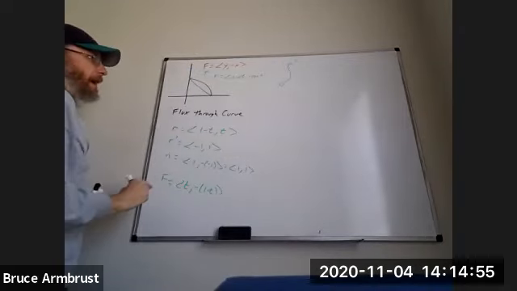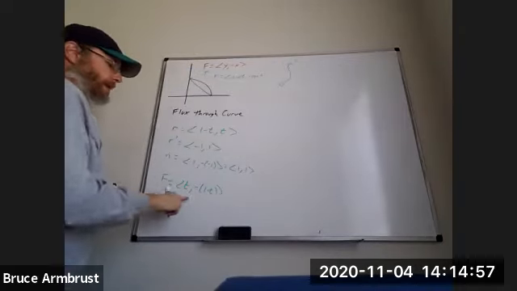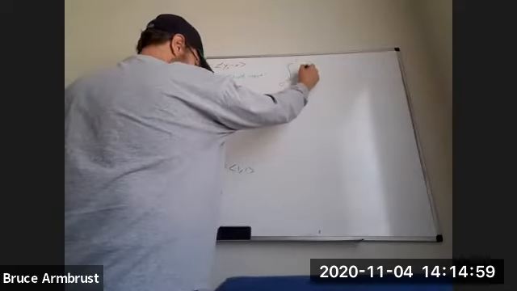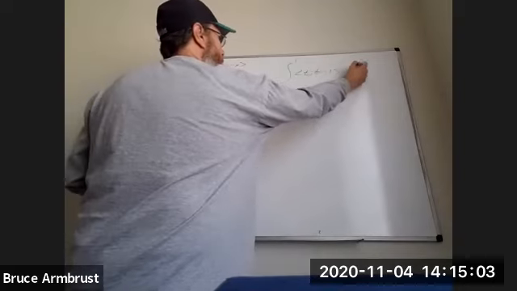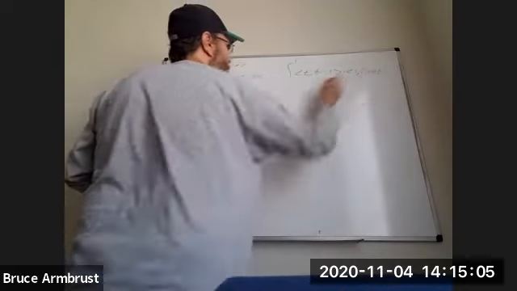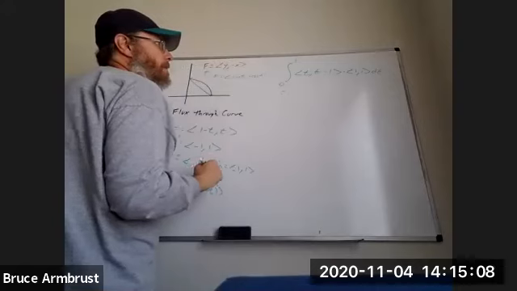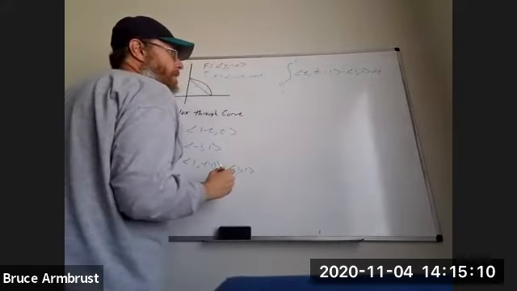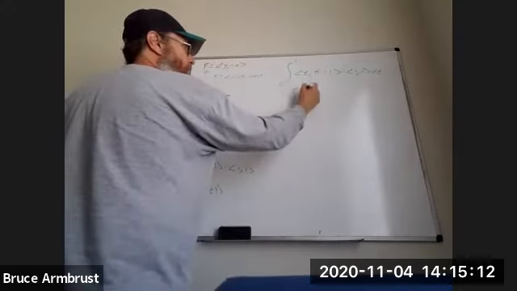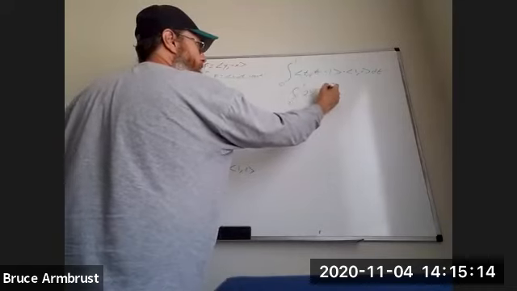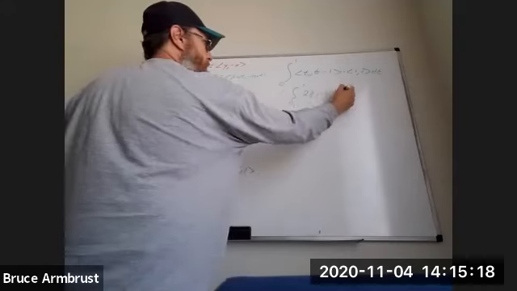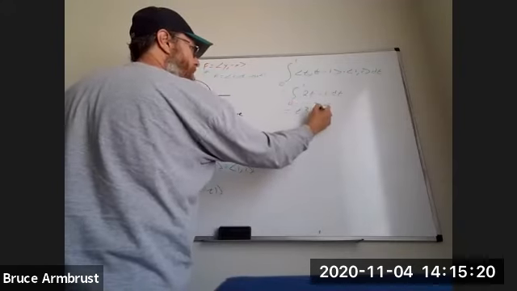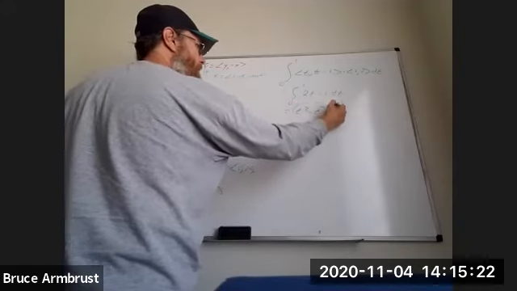Those are the t values for this path. We're going to take F, so t comma t minus 1, dot it with 1, 1, and then do dt. So that's going to be the integral from 0 to 1 of 2t minus 1 dt, which is t squared minus t.